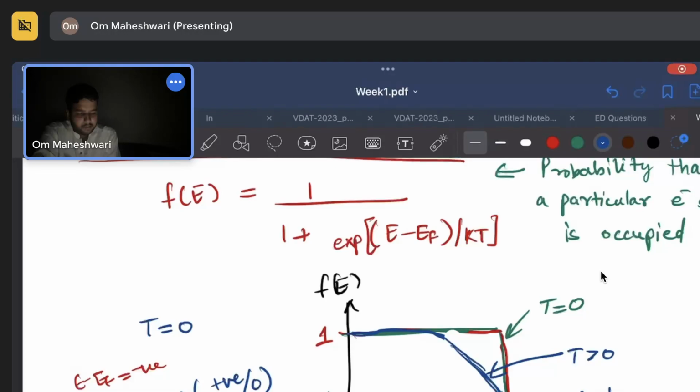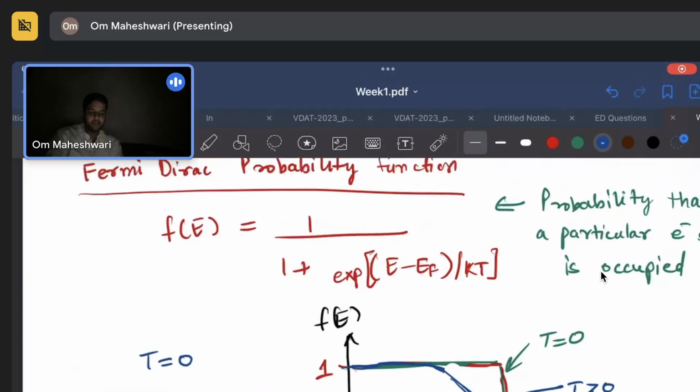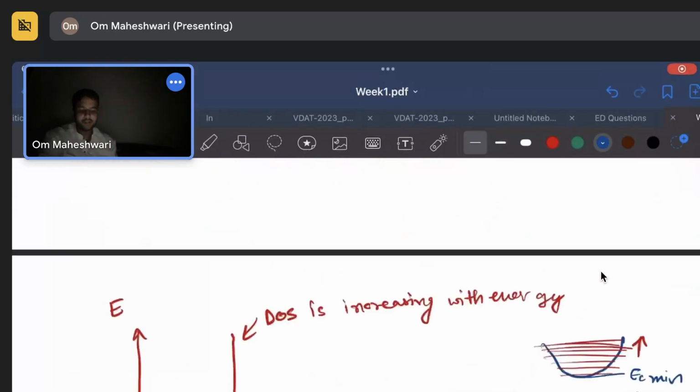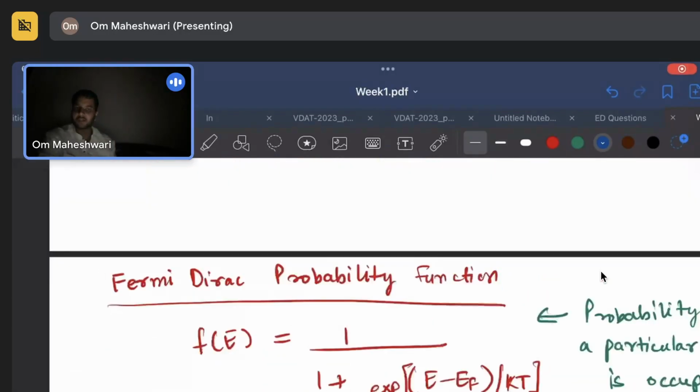Probability of finding electrons is finite, right? So basically the Fermi-Dirac statistics just dictates the probability of finding the electrons, and density of states is the available spaces for the electrons.